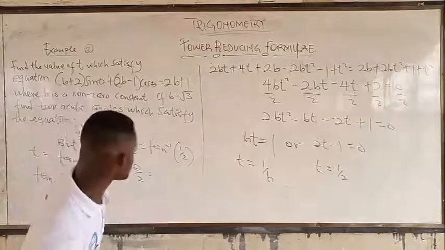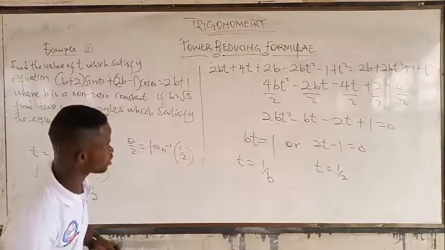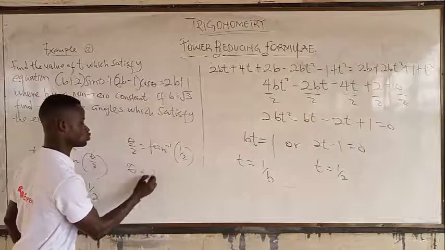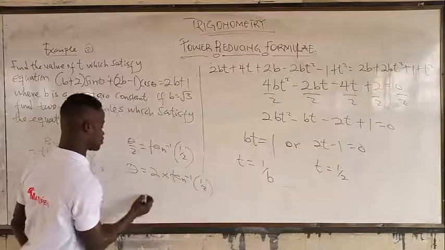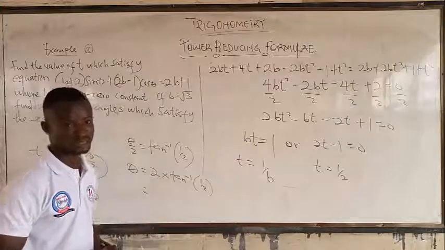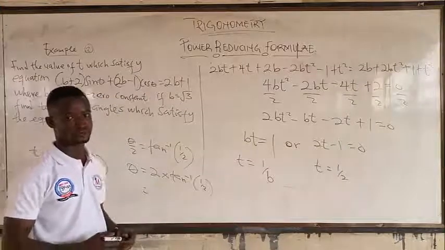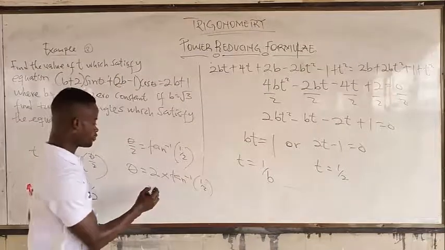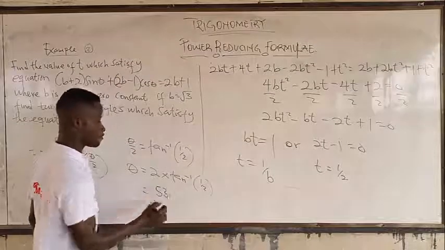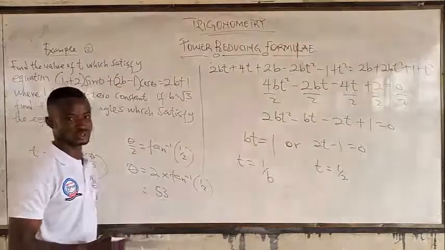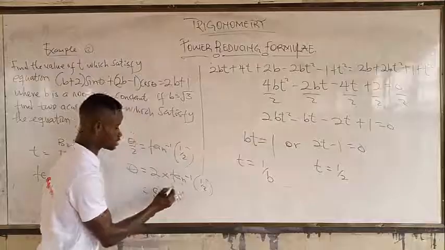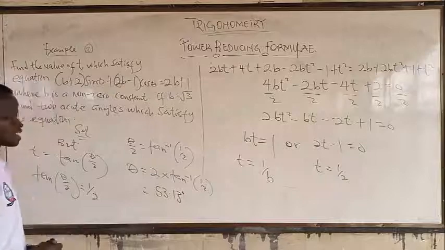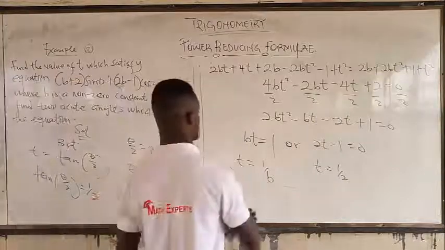Let's go for theta. It will be 2 times tan inverse of half, and that is going to give you 53.13 degrees. Make sure that you are in degree mode to do that. And that is the first solution.